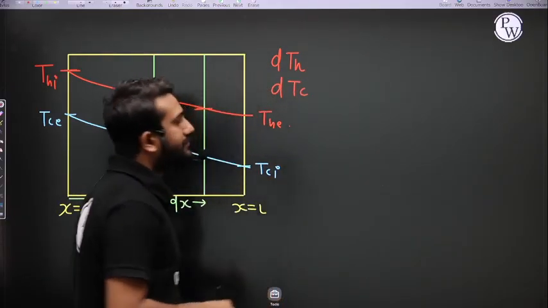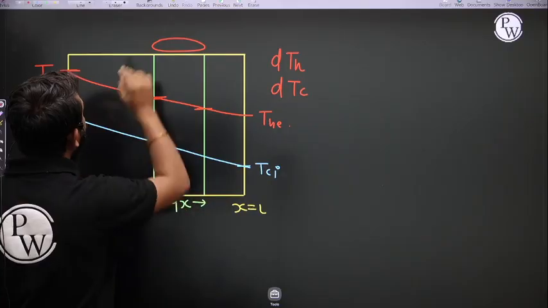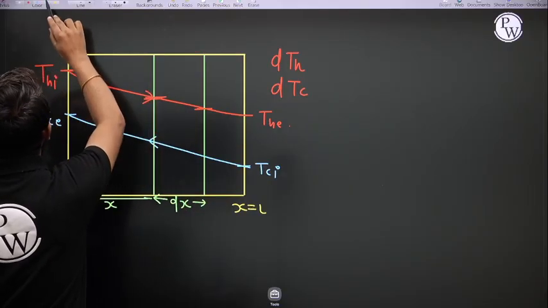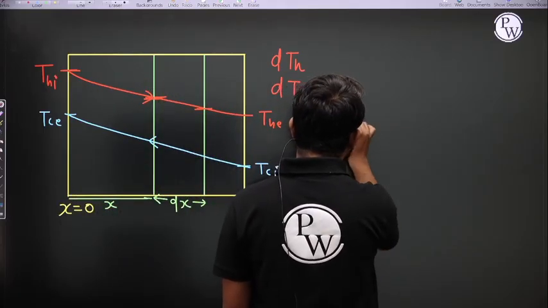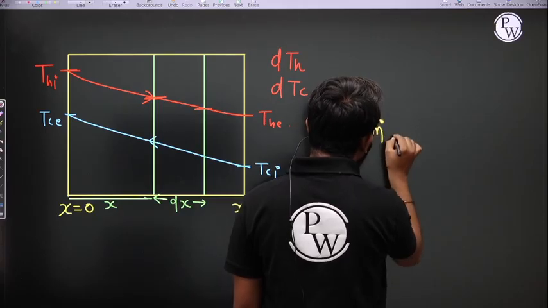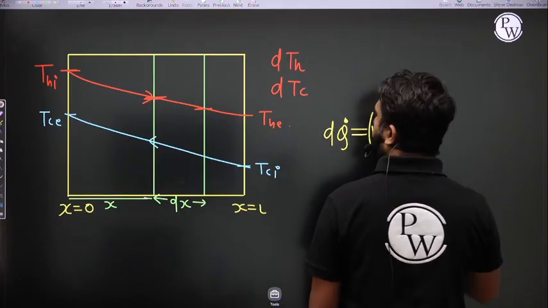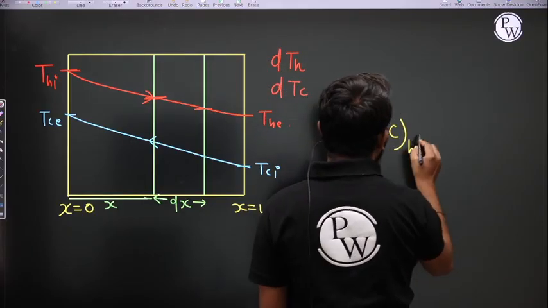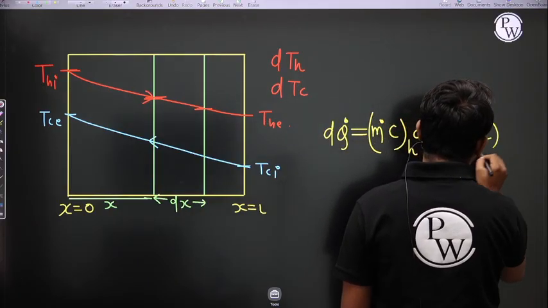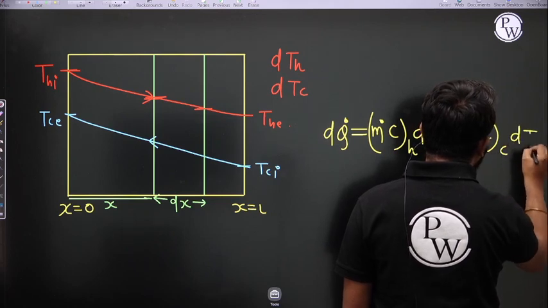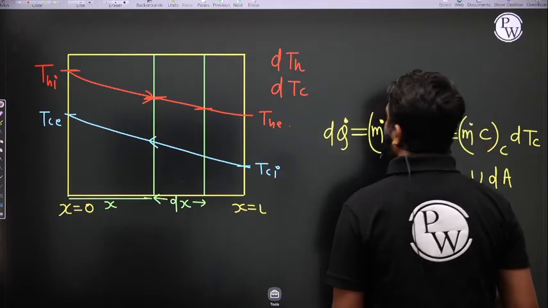So if you apply the energy balance for this portion, we can say that dq dot is equal to m dot c of hot fluid dTh, is equal to m dot c of cold fluid dTc, is equal to U into dA into Th minus Tc.